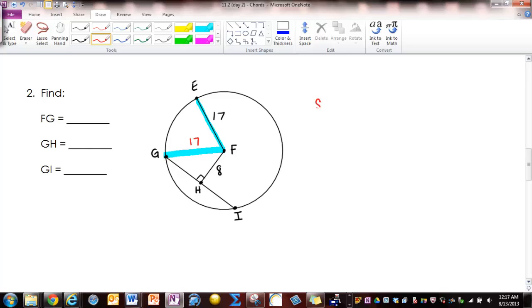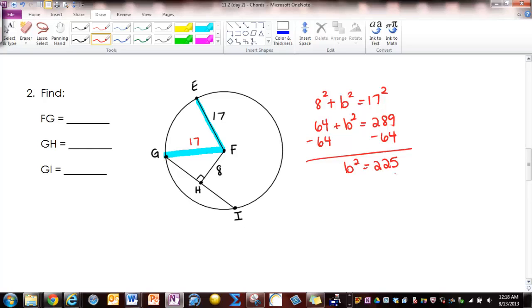We notice that 8 squared plus b squared equals 17 squared. 8 squared is 64 plus b squared equals 289. Subtracting 64 on both sides, we get b squared equals 225.